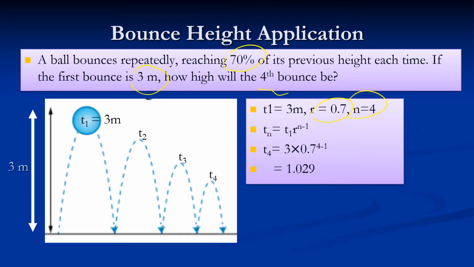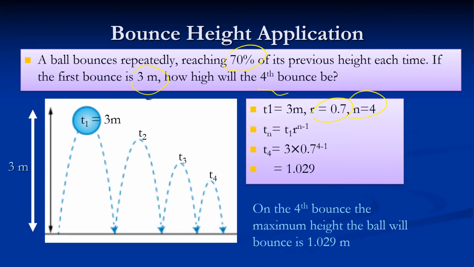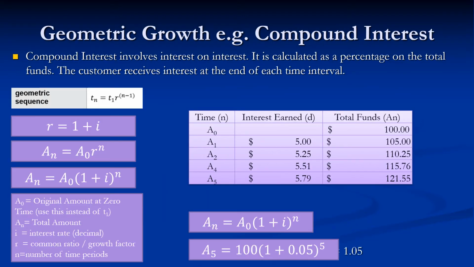The nth bounce, or the fourth term, is going to be the first term multiplied by the ratio to the power of n minus 1. So once we've found that, we can just substitute and solve. And we can say, on the fourth bounce, the maximum height of the ball will be 1.029 meters.